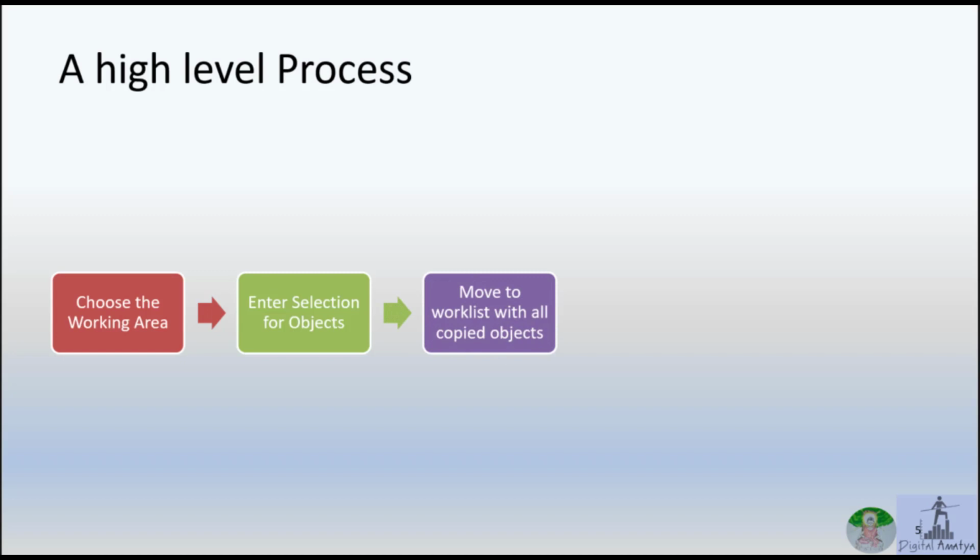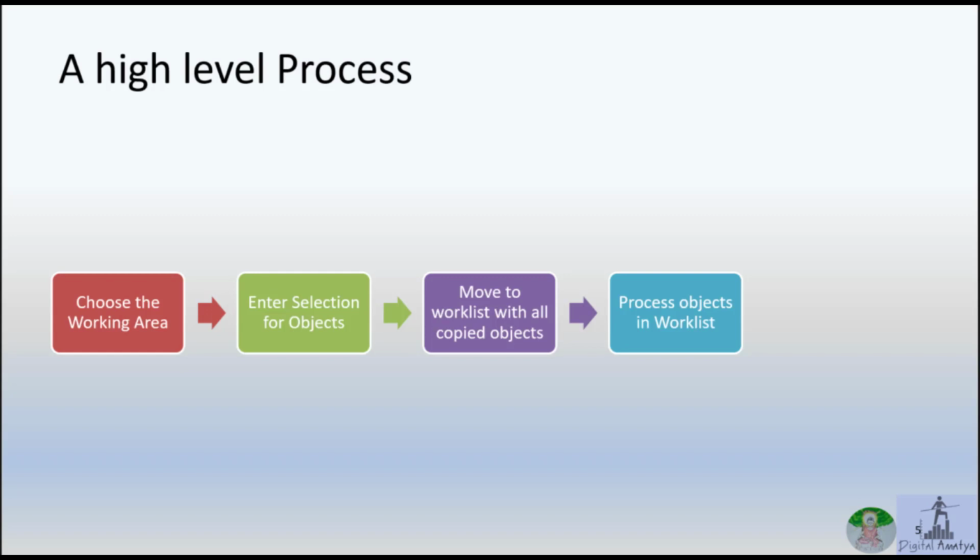After making the selection, you will go to what is called the work list in the engineering workbench. The work list is the placeholder where all the objects of your interest will be copied and sitting there. You will be able to perform actions like modify, delete, and add on these objects. Once you perform all the changes, you can ask the system to process these objects.